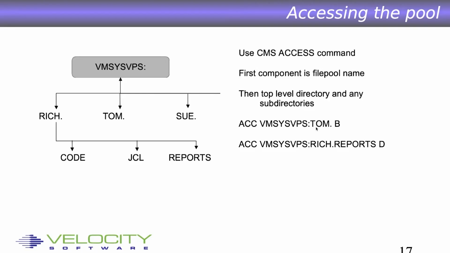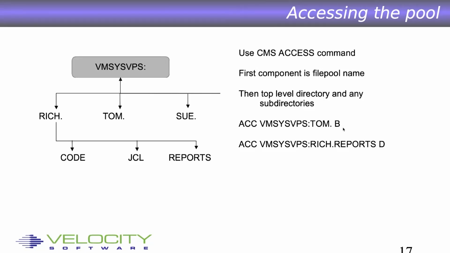If it is only a top level directory, the period at the end is very important. That's why I have the periods here, because the period is important when you're referencing a top level directory in a command. And Tom's top level directory I'm accessing as my B disk.